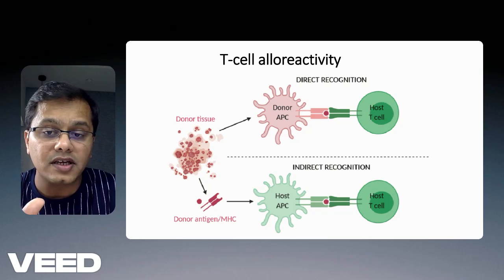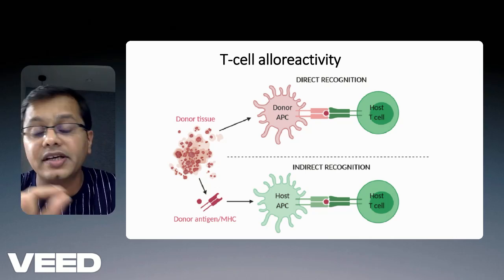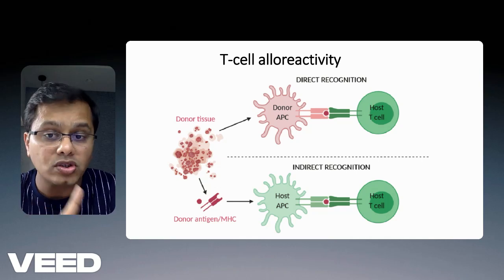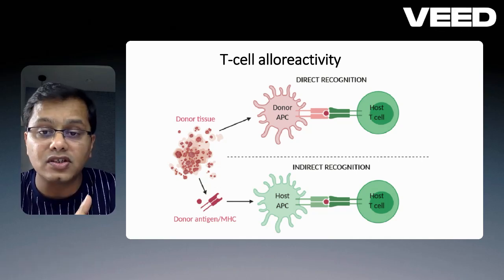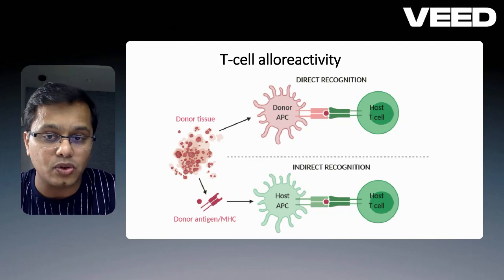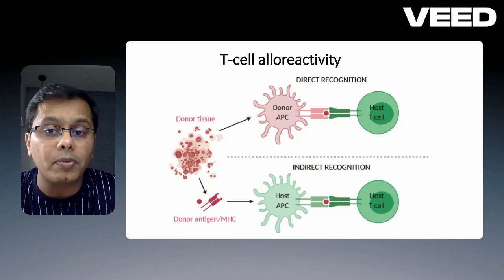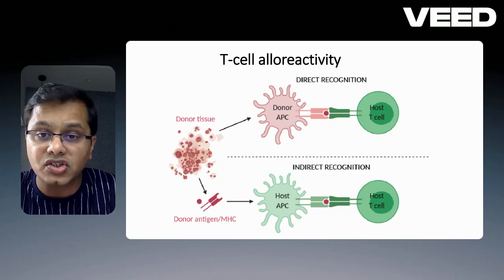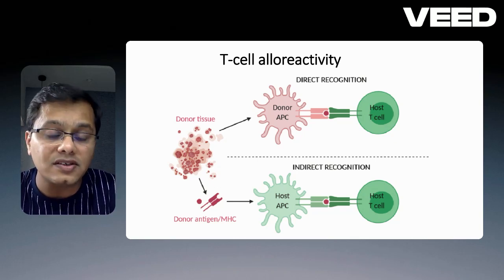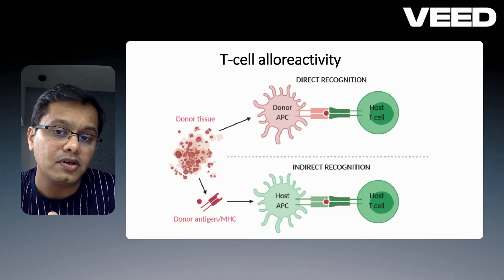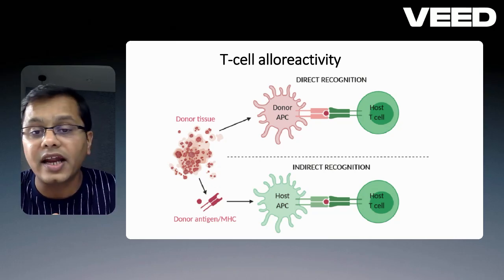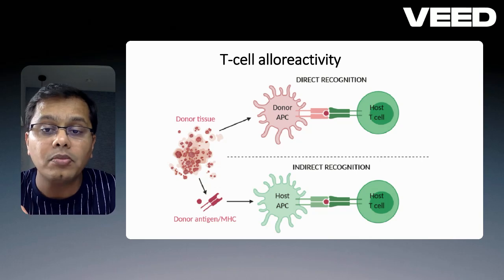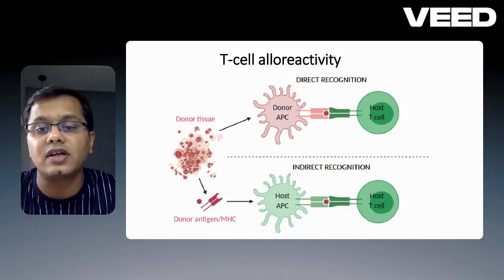This will be considered a minor histocompatibility antigen, because the host T cell is attacking it, but it does not belong to the MHC group. Now, this minor histocompatibility antigen recognition and attack is the reason why you can develop GvHD and graft rejections when you perform a matched donor transplant.